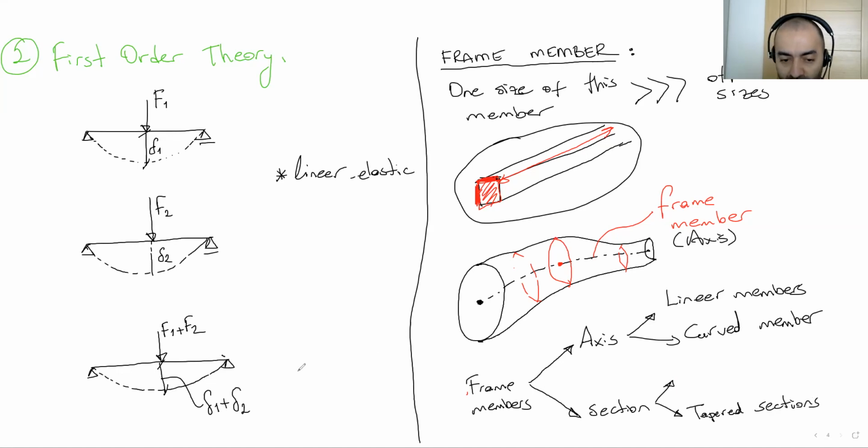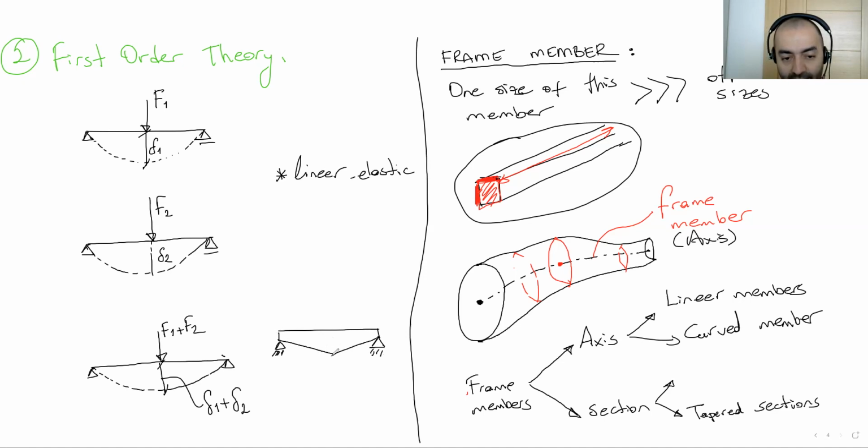Tapered sections mean, for example, if I have a beam like this, you can see my structural member changes its size.